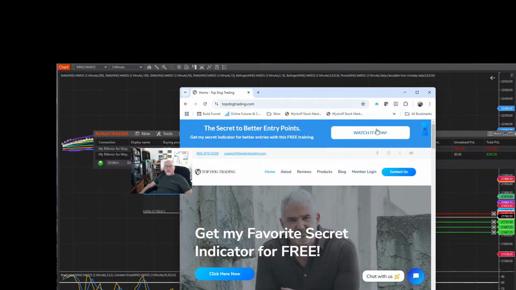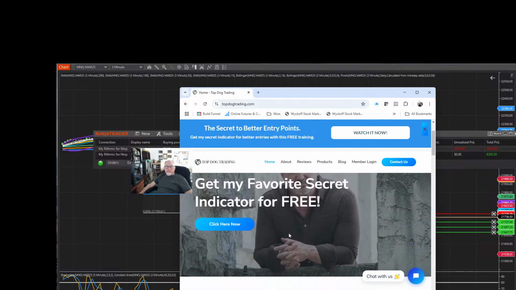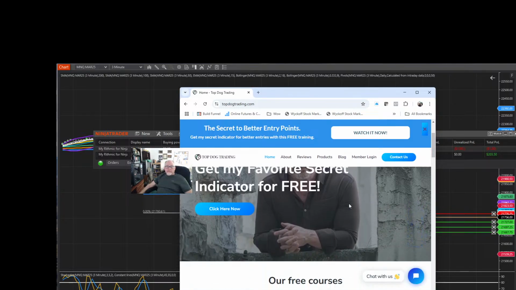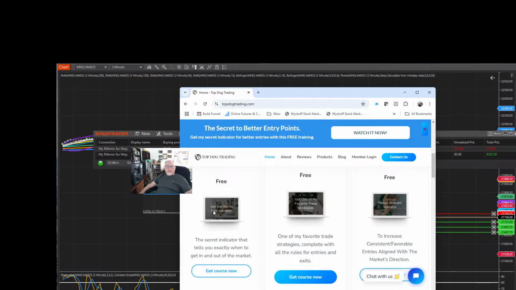And he's got a free course that you can watch, and then he'll set you up with some chart strategy as well. I'm not saying I follow what he says, but he's still one of the guys out there that are actually trading. But he's a better teacher than I think I ever could be. He's got a few free courses that you can get. This is a course that he does right here. Get the secret free indicator. It's like his momentum strategy or something.